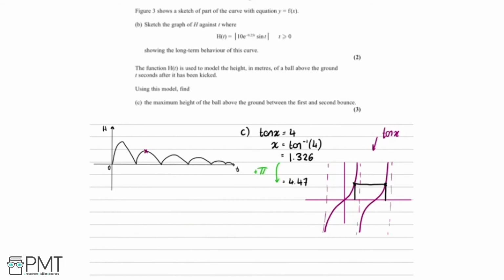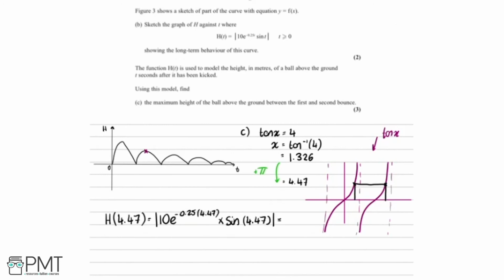We need to find the height. So we need to find not this point, not what x equals, but this point here. So if we do h of 4.47, looking back up at the question, that's the modulus of 10 multiplied by e to the power of minus 0.25 multiplied by t, so in this case 4.47, multiplied by sine t, so 4.47.